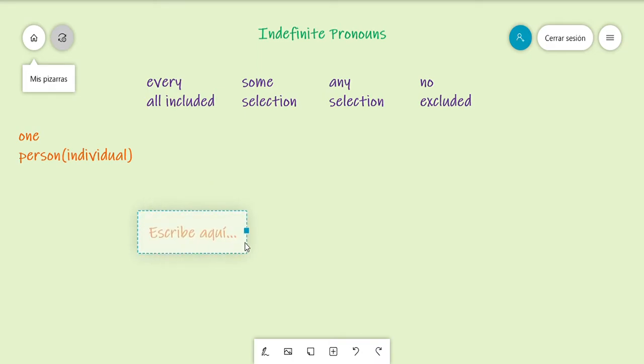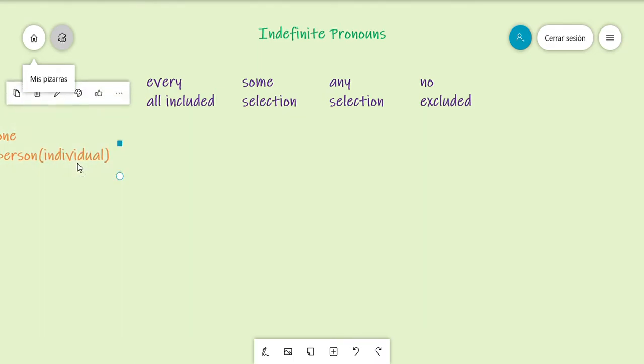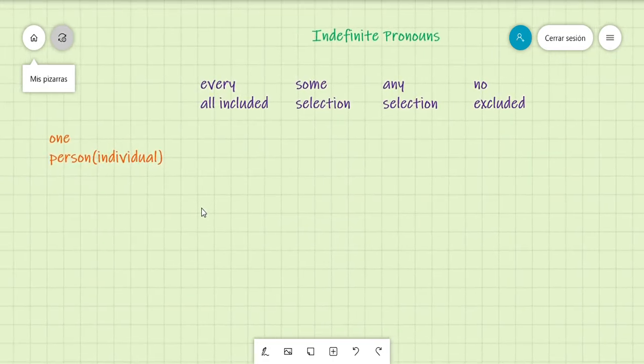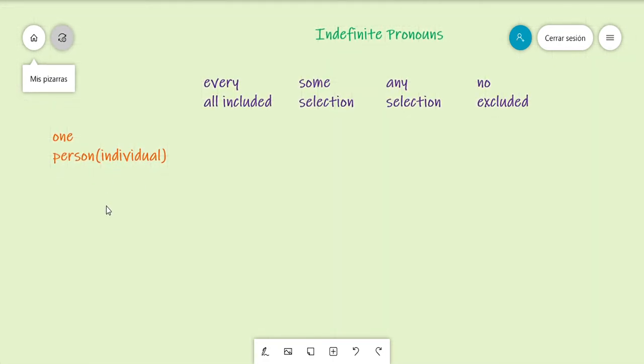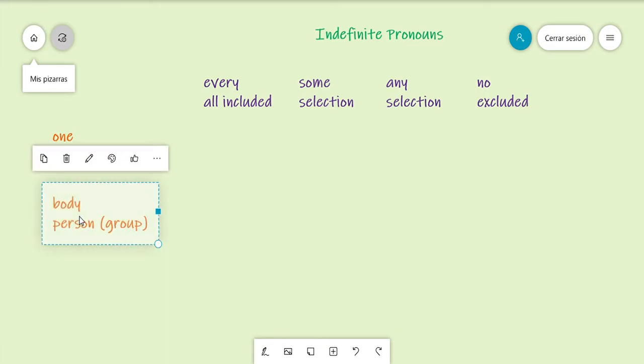There exists another that is, for example, body. And body is used again as a person, but this person is as a group, for example, a group that could be when you extend your options.